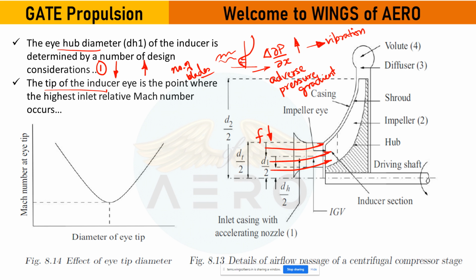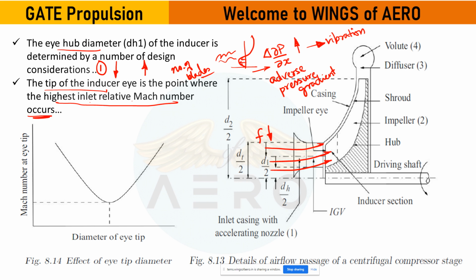Okay. Next, the tip of an inducer eye is important, where the highest inlet relative Mach number occurs. This is another important thing when we are coming to the tip of an inducer eye. Now what is that, the highest inlet Mach number occurs.